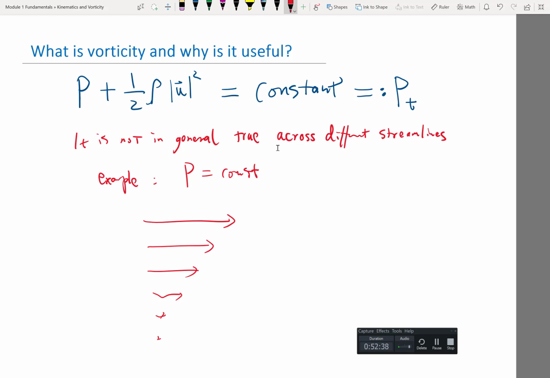No, because P is the same, but V is different. So this term is the same across streamlines, but this term is not the same across streamlines. So Bernoulli is not true in general across different streamlines, unless you have irrotational flow, which means vorticity is 0 everywhere.